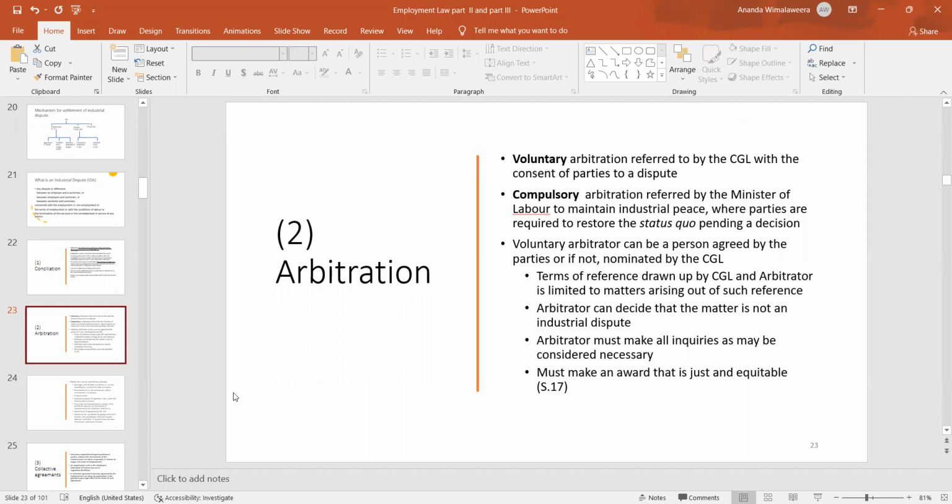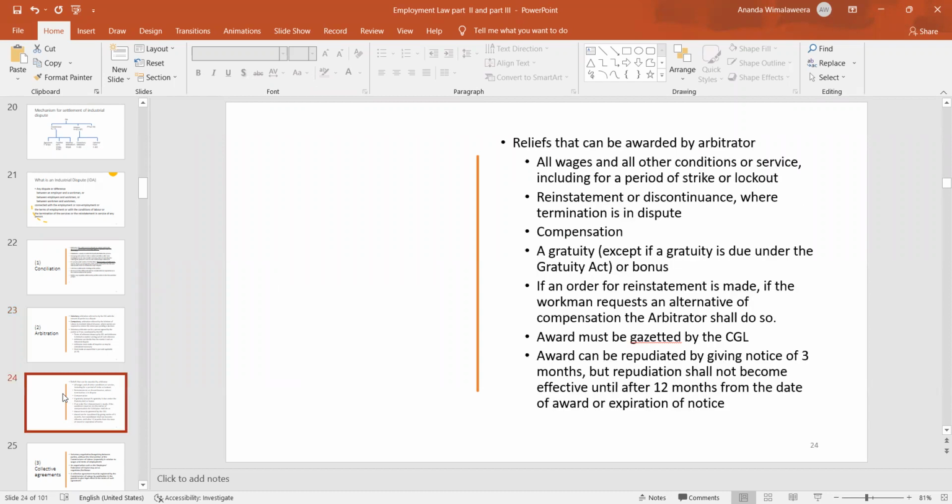What I said, once a matter is referred to an arbitrator, parties must restore the status quo pending a decision of the arbitrator. Pending the decision of the arbitrator.